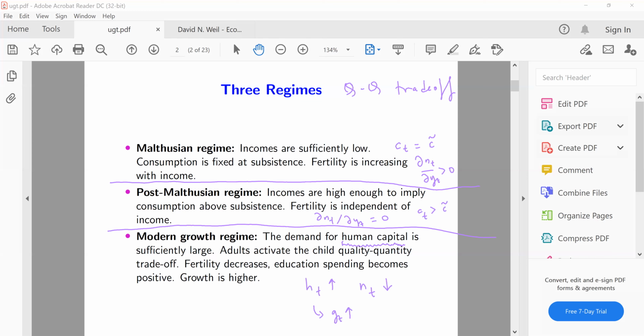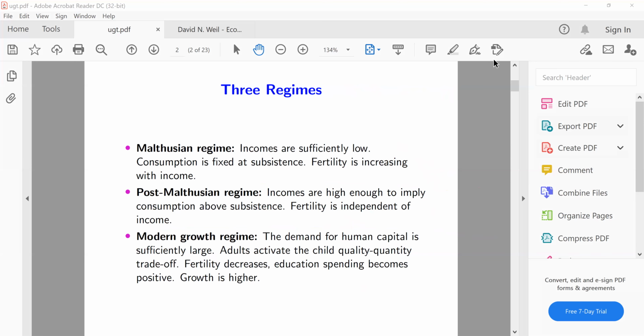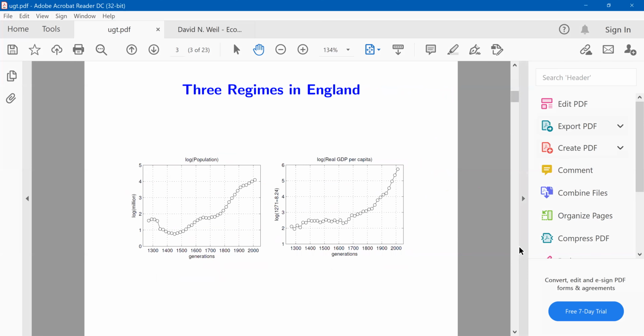So that's the idea. That's, if you think about it, that covers the entire human history. How? Well, let me show how. This is England. Okay, so on the left, you see log of population. Okay, this one. And on the right, you have log of real GDP per capita.